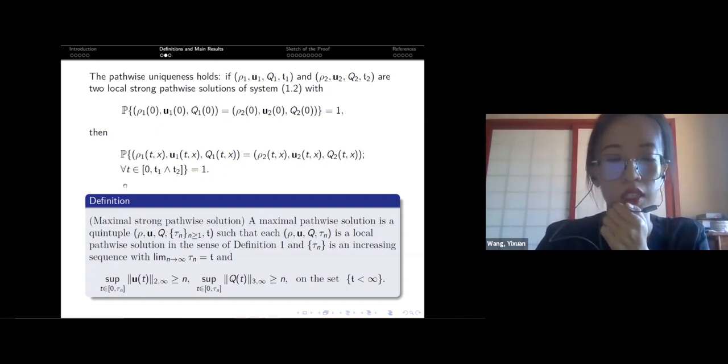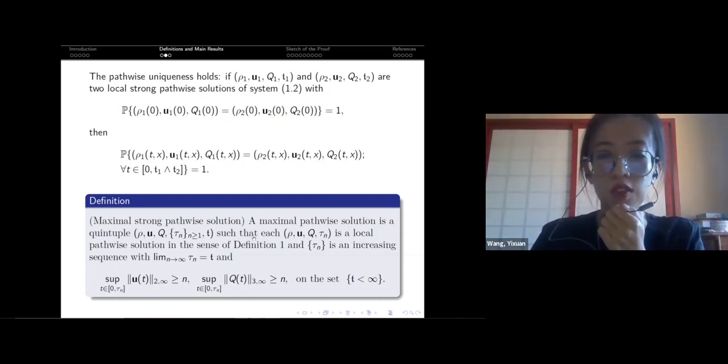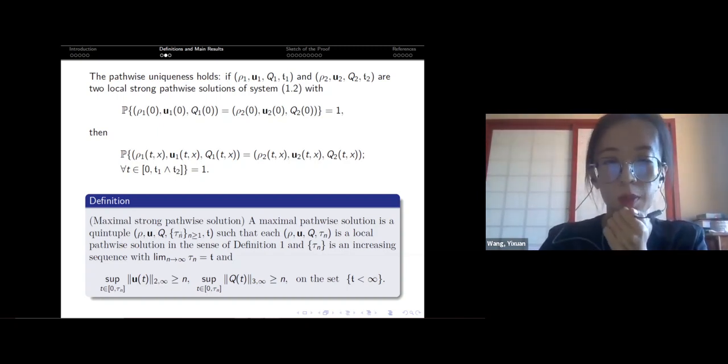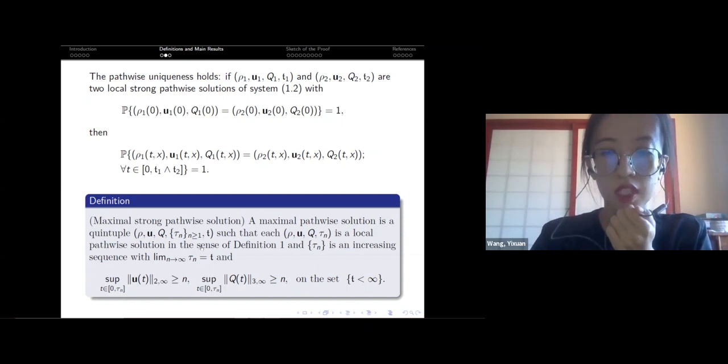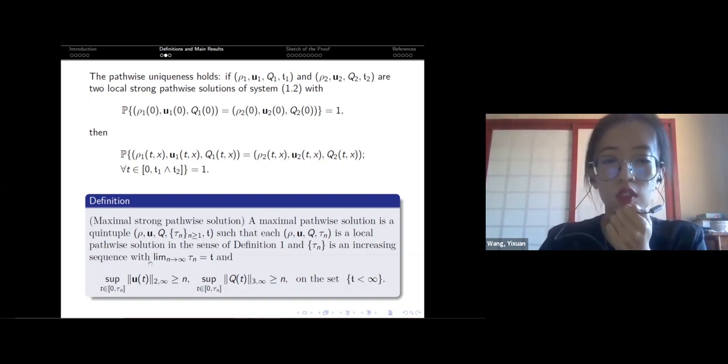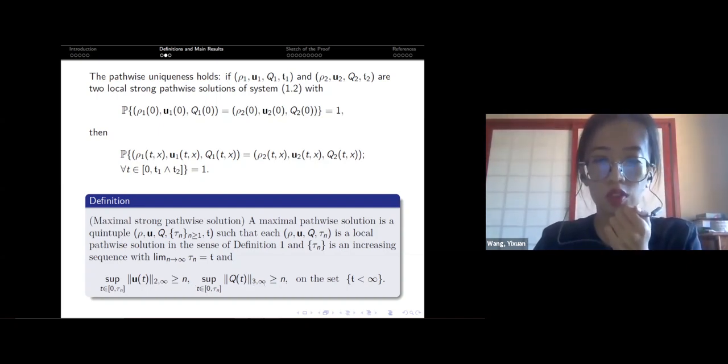And if we are given a set of local strong pathwise solutions, we can build up a maximal strong pathwise solution. So the maximal pathwise solution, you can see, is here: ρ, u, Q, with a set of stopping times τ_n. Each one is a local strong pathwise solution, and τ_n is an increasing sequence of stopping times, with every τ_n defined like this, in terms of the W^{s,∞} and W^{3,∞} norms, which are Sobolev spaces.